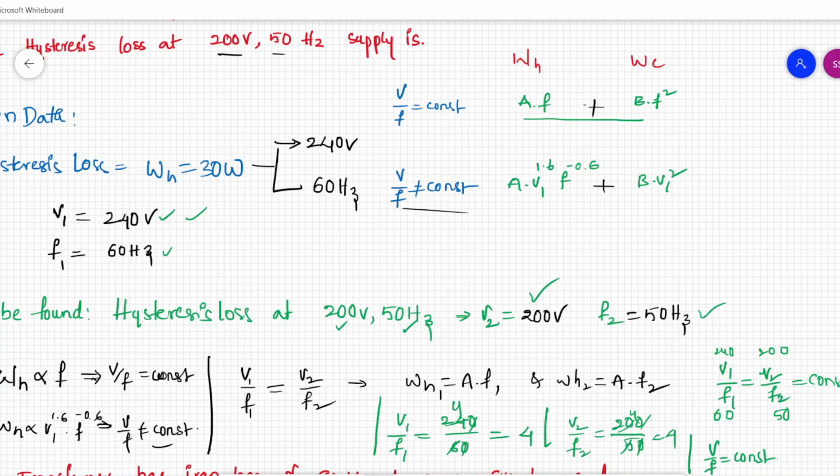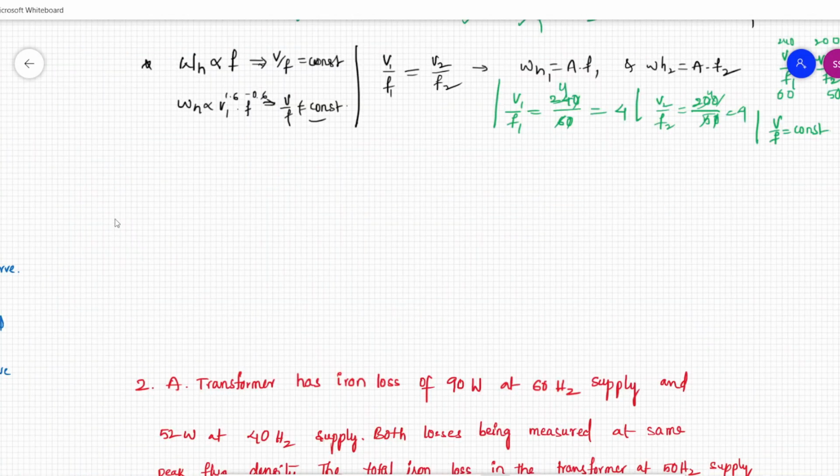So in the given question, V by F ratio is constant. So let us take the condition for WH, that is hysteresis loss, when V by F is constant, that is A into F. For V1 and F1, that is 240 volts and 60 Hz, the data given was 30 watts.